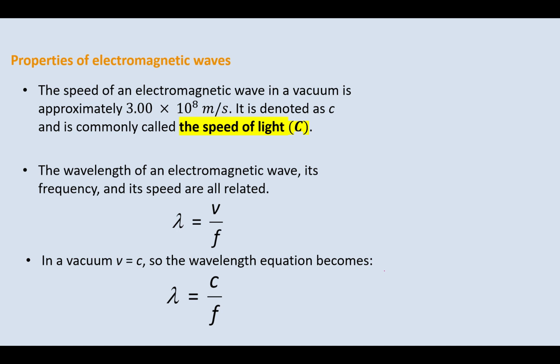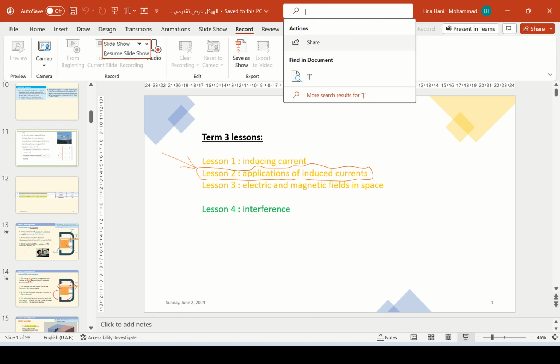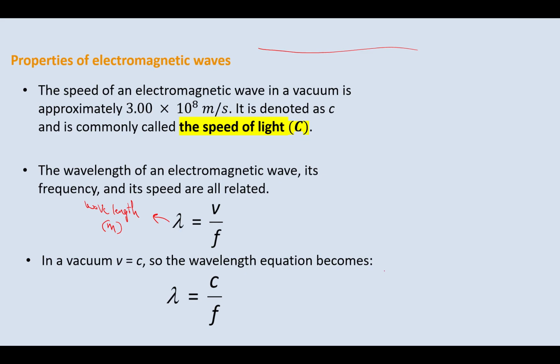The wavelength of an electromagnetic wave, its frequency, and its speed are all related using this equation. The wavelength of the electromagnetic wave is measured in meters, and if you remember from a transverse wave, let's say that this is the wave we have, this is the electric field.